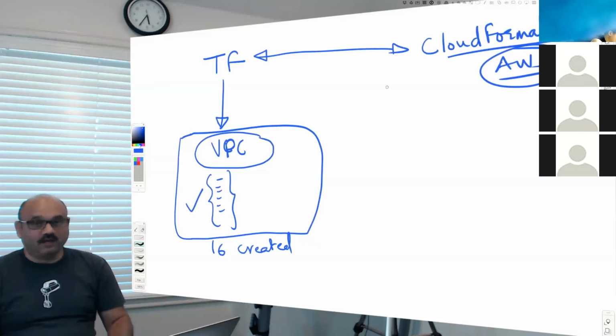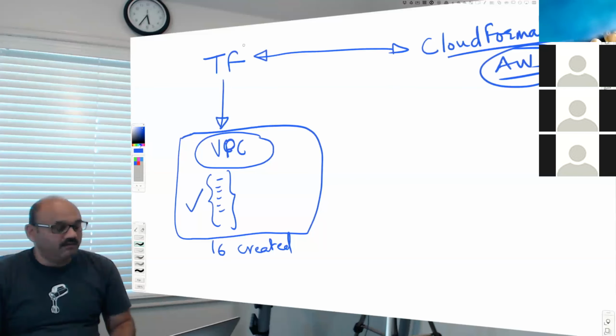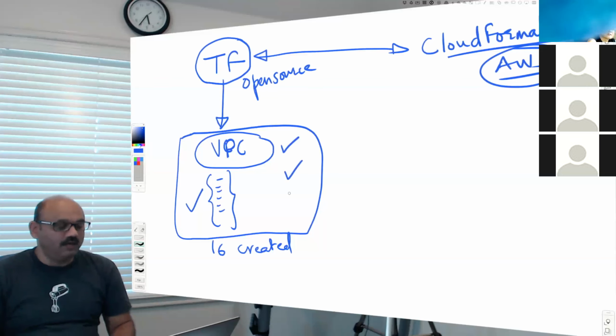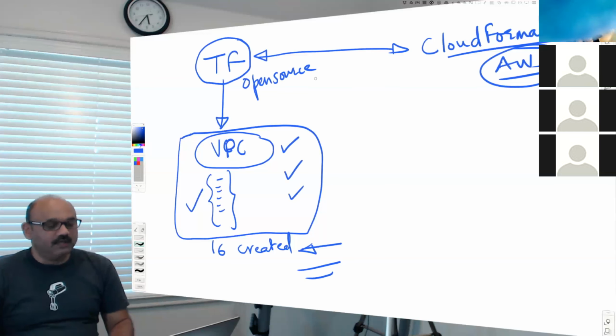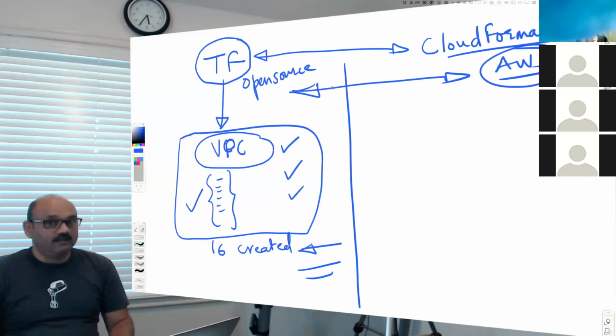It is not a general purpose tool. In our example, we used the open source Terraform tool to construct whatever we wanted to create here. We did all these things, like 16 items created. Great. Now we will understand how this compares with CloudFormation. That's what I would like to do.